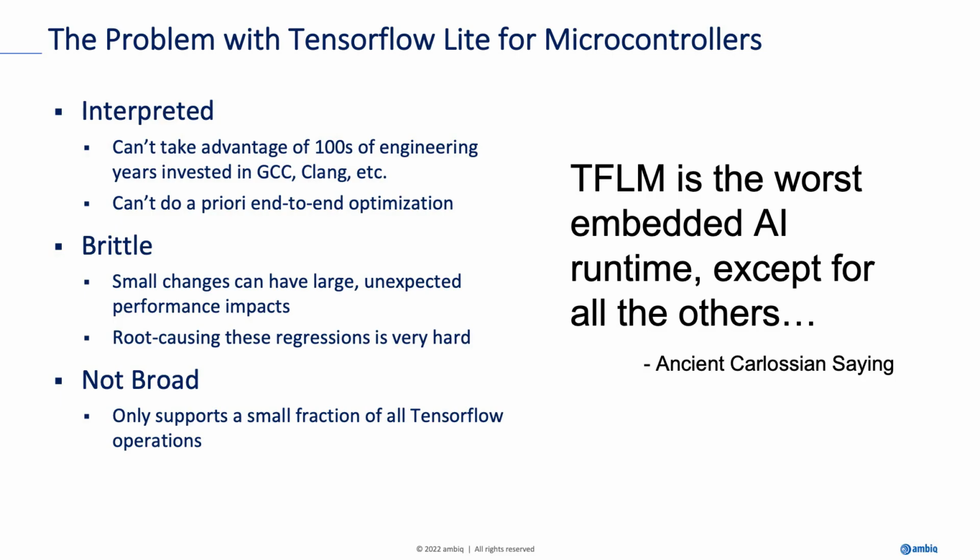TensorFlow itself has almost 1,000 different kinds of operations. Each one of those layers is an op. Because TensorFlow is designed to be broad, able to compute almost anything, it has 1,000. But TensorFlow Lite for microcontrollers has a couple of dozen.